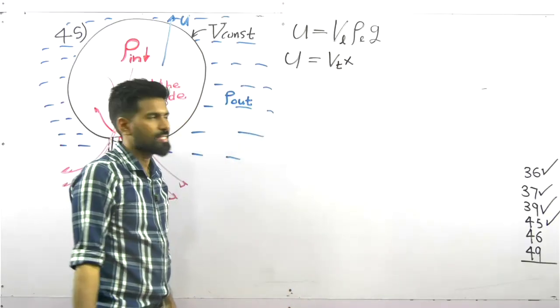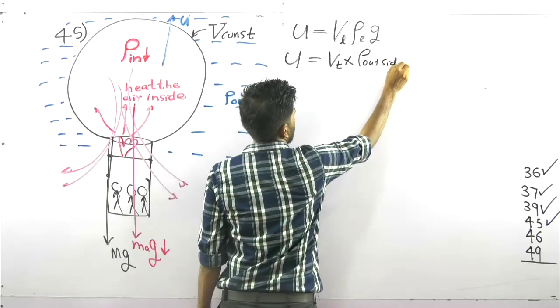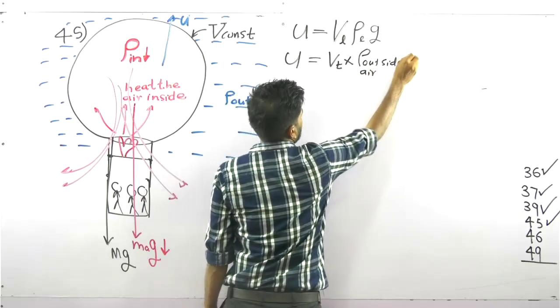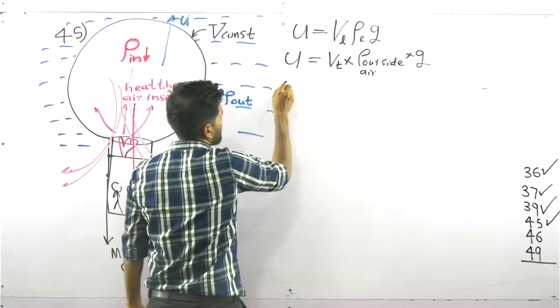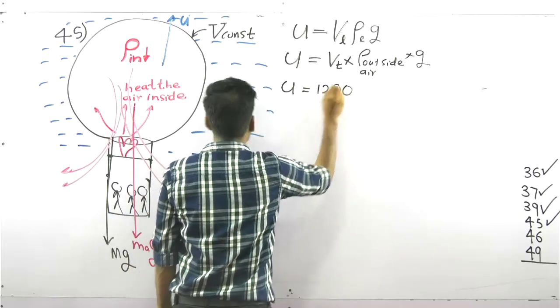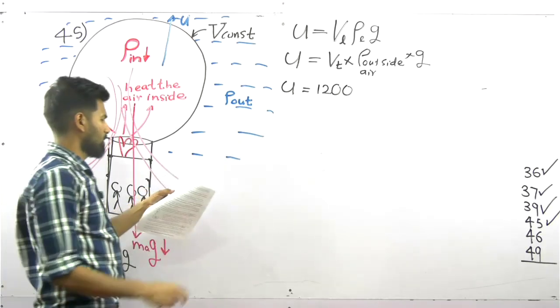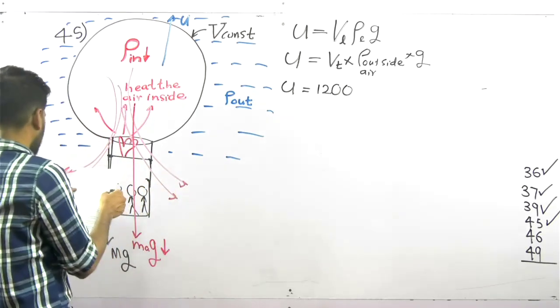The liquid is the outside air. Volume of the balloon is 1200 cubic meters, 1200 times that of your water tank.